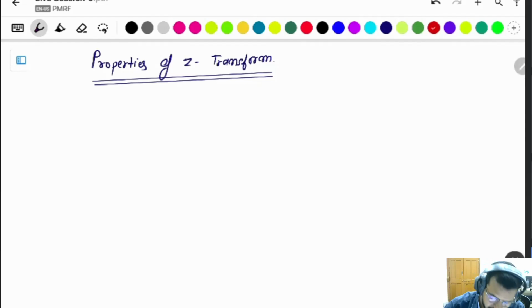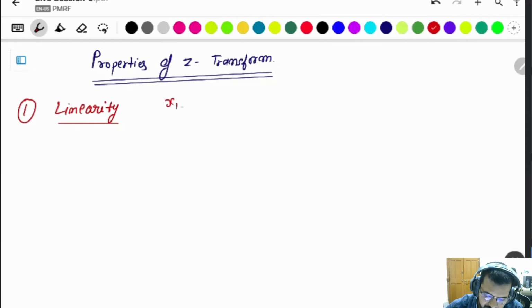First one is the same as Laplace: linearity. In the linear function, you can directly add two functions.